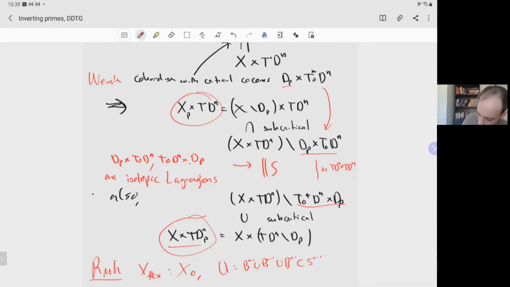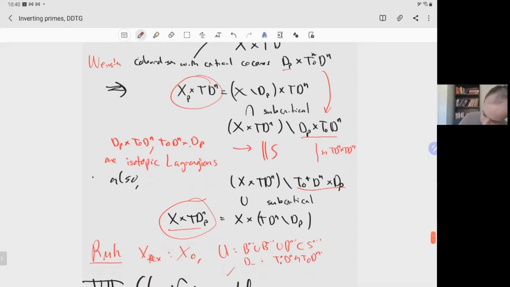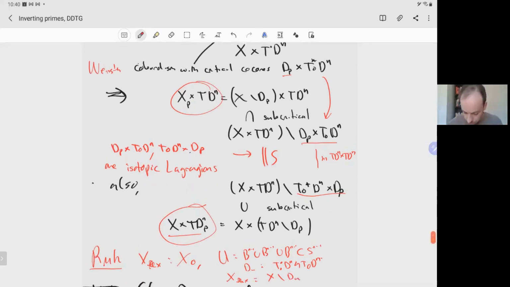And this D_U is just the boundary connect sum of two cotangent fibers, which you're supposed to remove to get the flexibilization. So this is X minus the sum of the cocores.